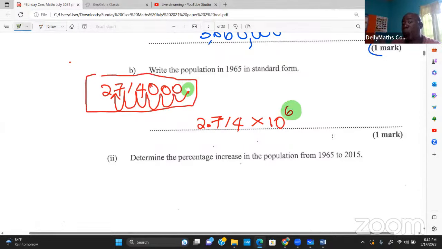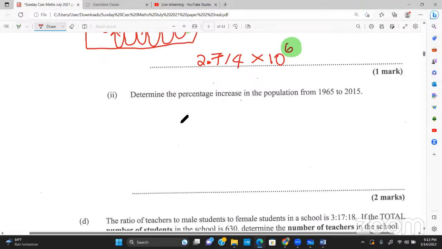It can be negative or positive, but numbers greater than or equal to 1 must have a positive power. So there it is, we have that positive power right there. So 2.714 times 10 to the 6. And that's 1 mark.